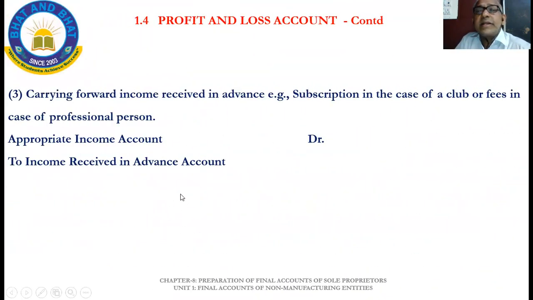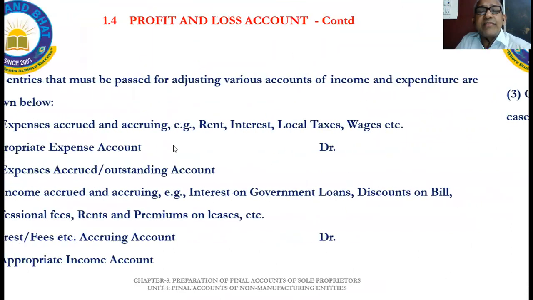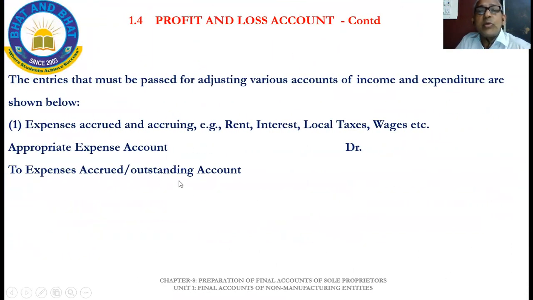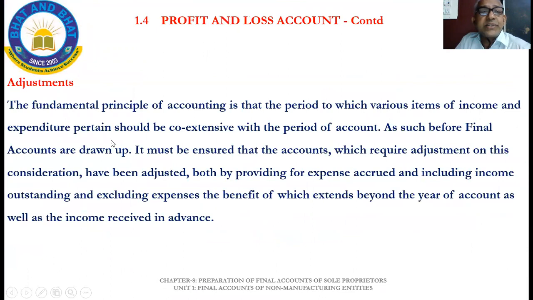Clarification and doubts we'll do tomorrow about this adjustments part. Yeah, take photos, 2 minutes, 3 minutes. Take quick photos, only photos. I will move. Someone say after the photo, so that I will move.